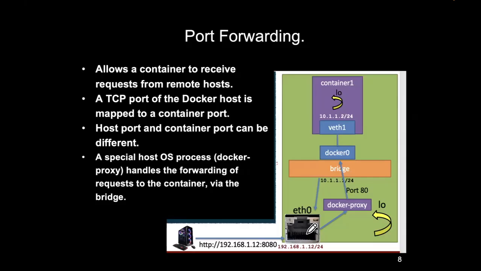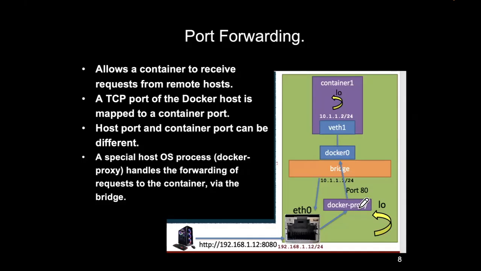Now, what happens behind the scenes is that there's a special operating system process called the Docker proxy. Whenever you start up a Docker engine on your host machine, Docker automatically creates this operating system process called Docker proxy.